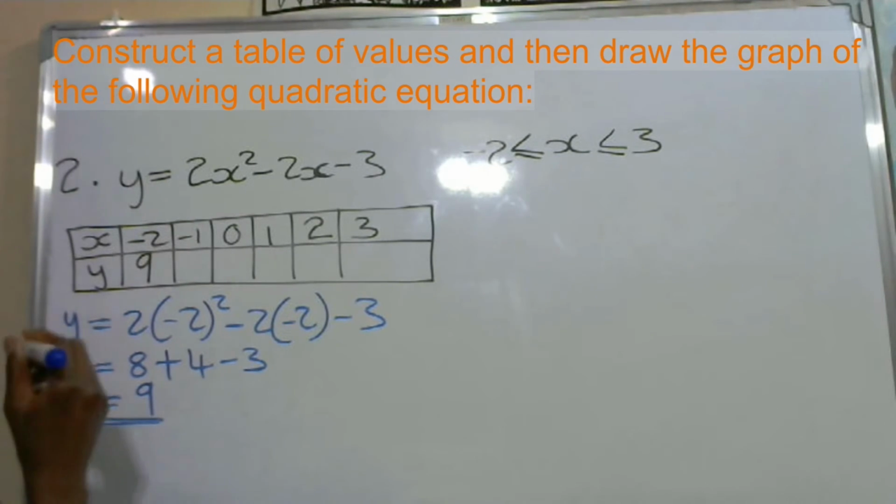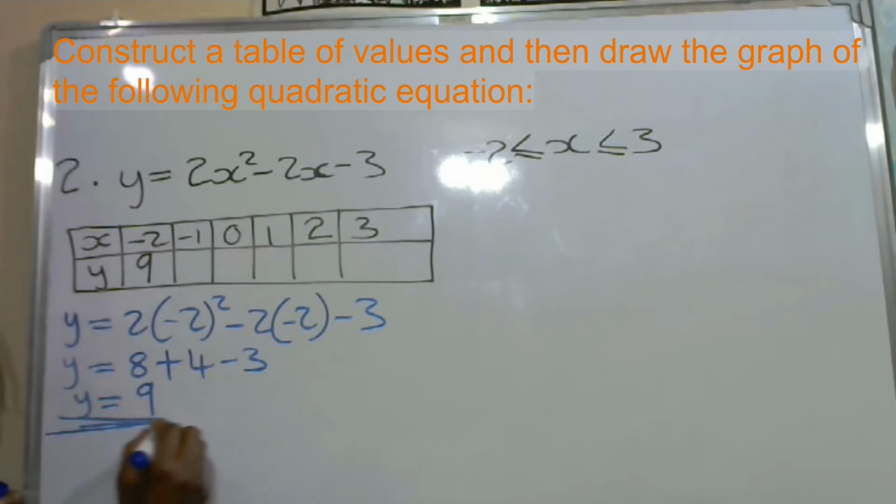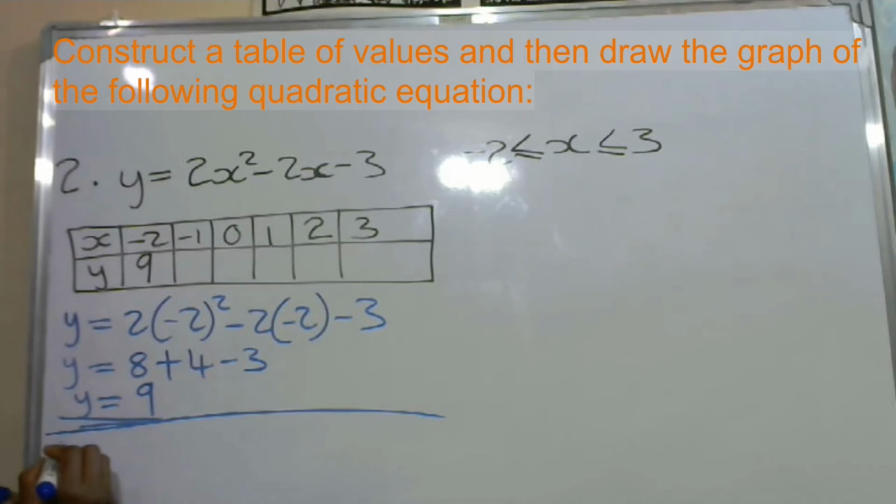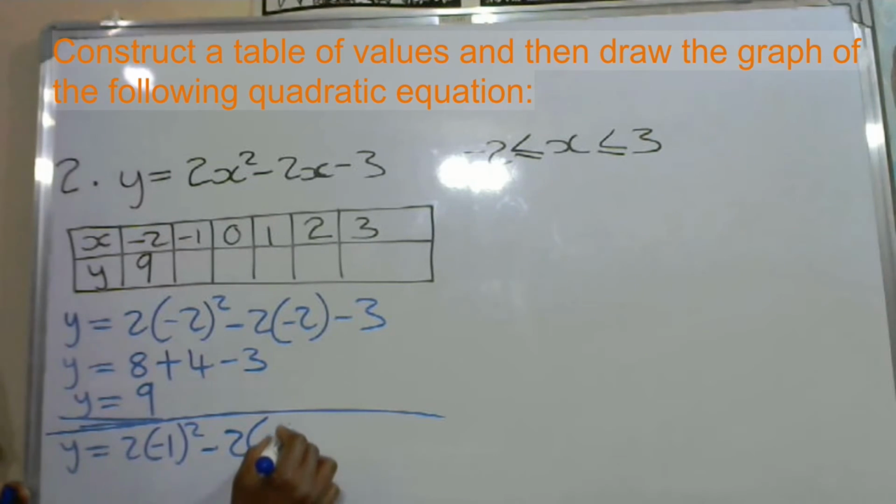And now when x is equal to -1, let's see the value of y. So there we'll get 2 times negative 1 squared minus 2 times negative 1 minus 3.